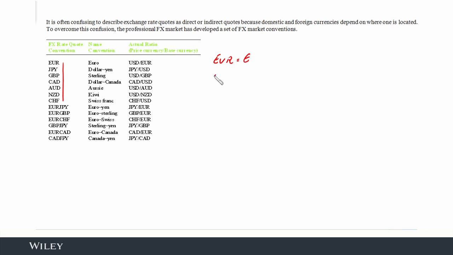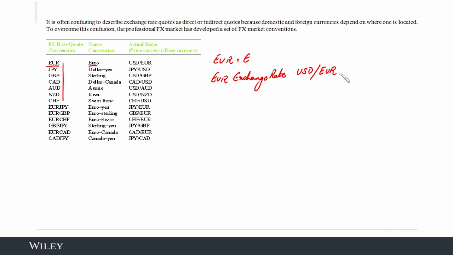However, when I say the euro exchange rate, then I am referring, according to foreign exchange market convention, to this quote right here, which is called the euro, and the euro exchange rate refers to the US dollar euro exchange rate.